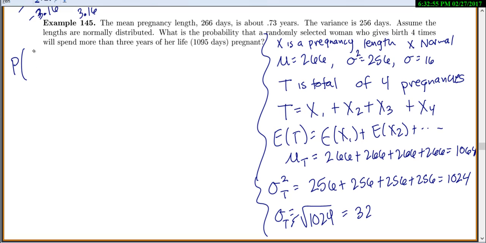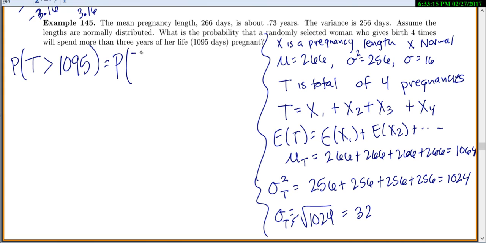So now, coming back over here, we're looking for the probability that the total is more than 1,095 days. And at this point, it's pretty easy, because you just do exactly what we did in all of 5.1.